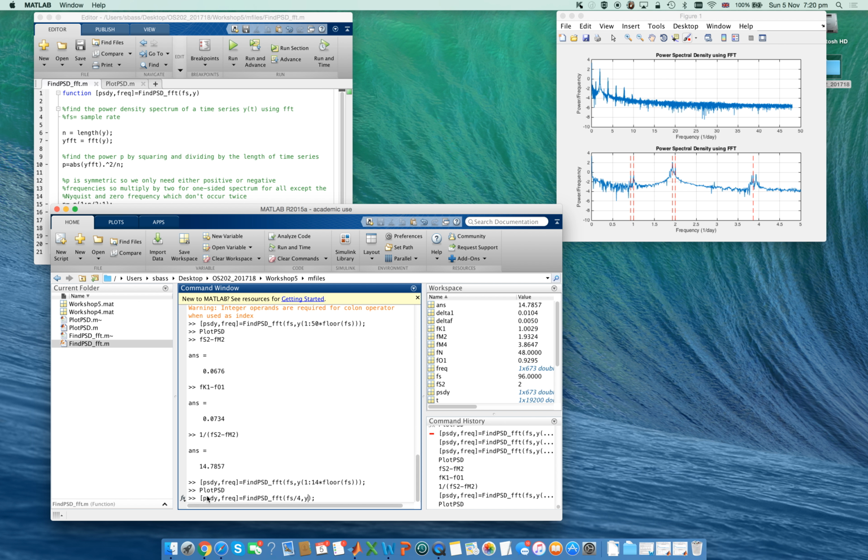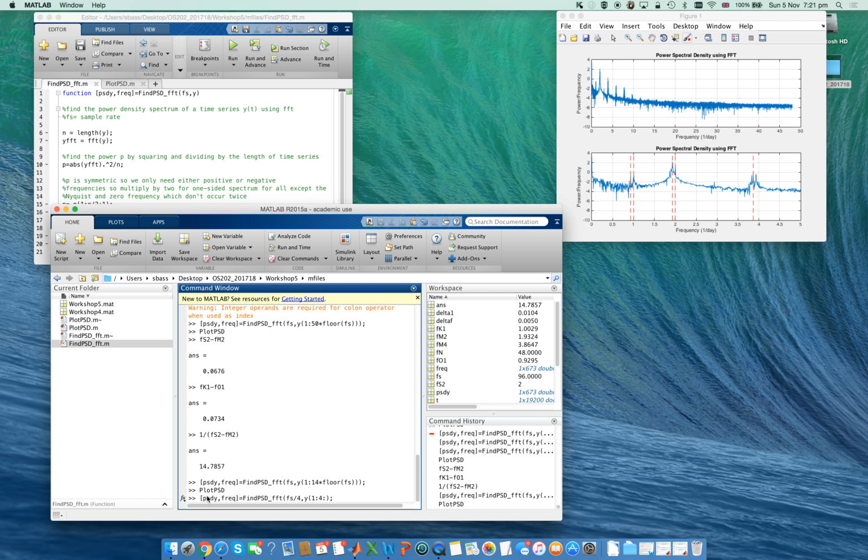And in this case here, we want to then sample every 4th data point. So we can end up with a quarter of the full number.